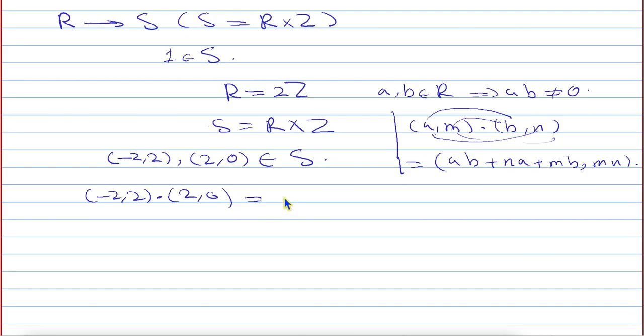If we apply this, we obtain -4 plus 0 times -2, which is 0, plus 4, and here 0 times 2 is 0, and this gives us (0, 0). Of course, this is the 0 of R, and this is the 0 of Z. So we have a case of two non-zero elements in S whose product is 0. So S does not preserve the property of having no zero divisors.